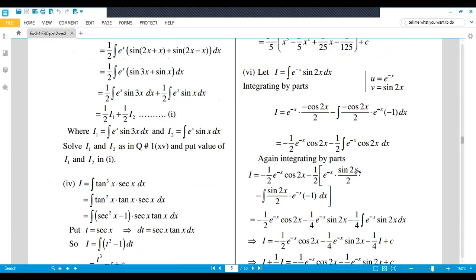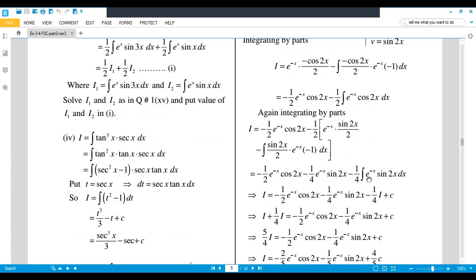Again we will apply integration by parts on this. e power minus x is the first term and cos 2x is the second term. The integral of this is sin 2x divided by 2, minus the whole integral of sin 2x divided by 2 and the derivative of e power minus x, which is minus e power minus x dx.